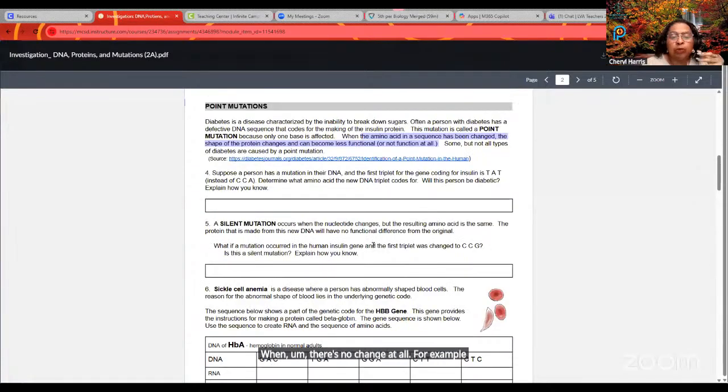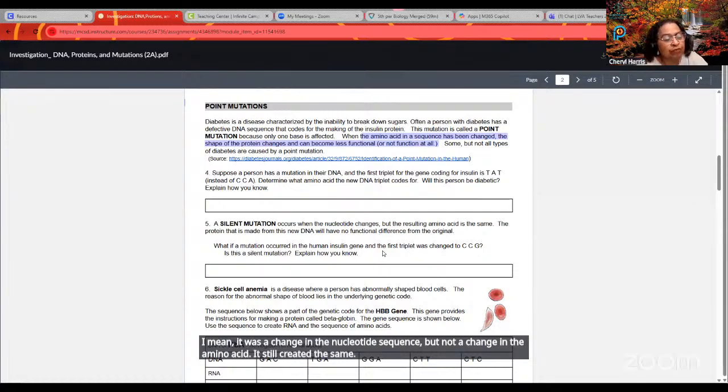For example, when we did the insulin one before, we did GGC, which was different from the one that we got on our chart, but we still got glycine. So it was a change in the nucleotide sequence, but not a change in the amino acid. It still created the same chain of amino acids.